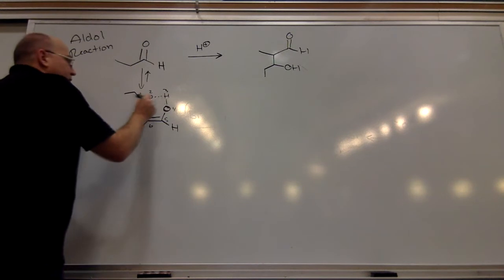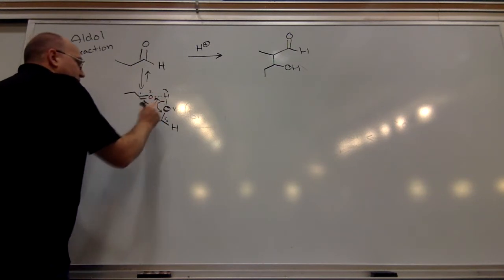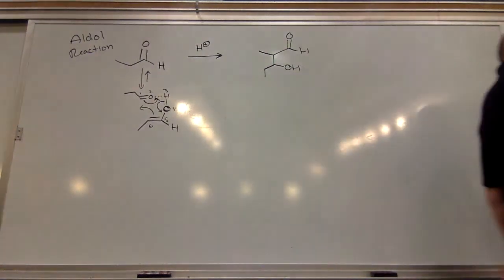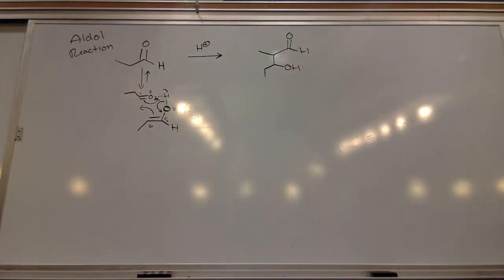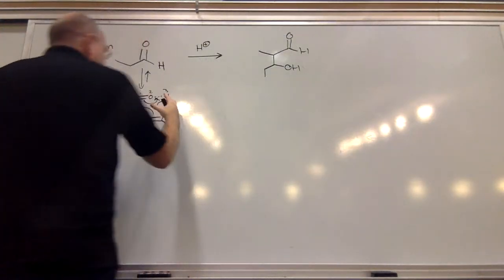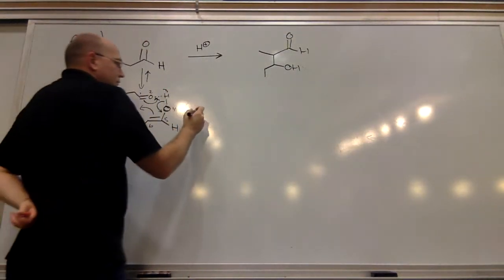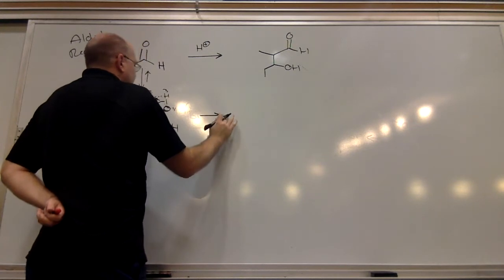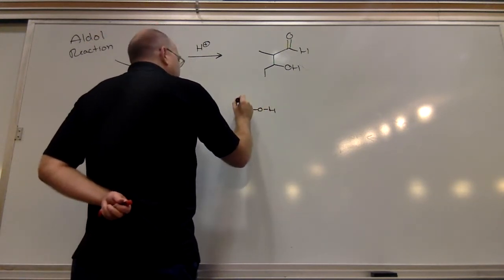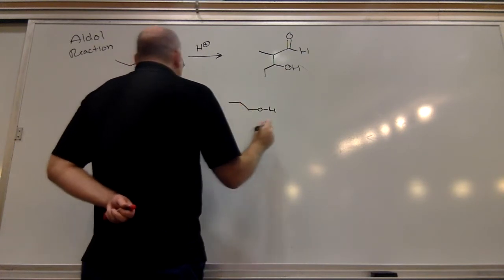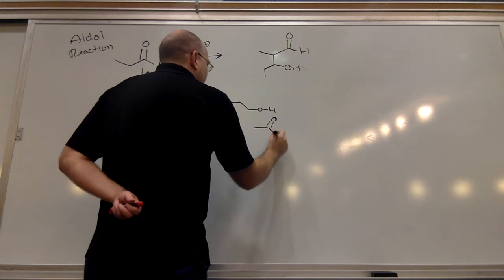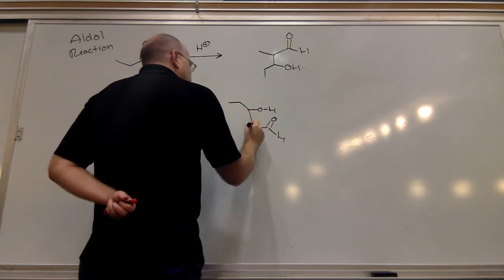And if we start to push electrons, and we've seen this in the past, we're sort of doing this six-membered chelation, pushing the electrons around here. Nice little transition state, or pre-coordination, whatever we want to call it.